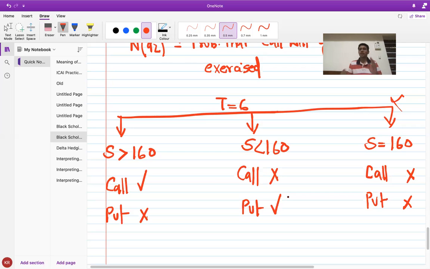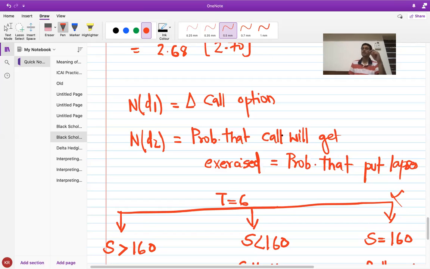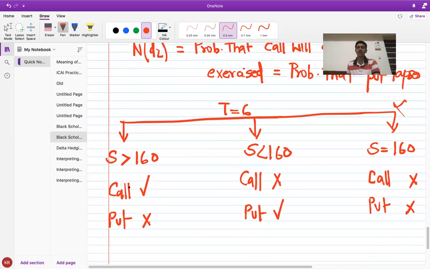Agreed? So now what I'm saying is, N(d2), the probability that a call will get exercised, has to be equal to the probability that a put lapses. Because if N(d2) is the probability that a call option will get exercised, then when a call option gets exercised, a put option has to lapse.